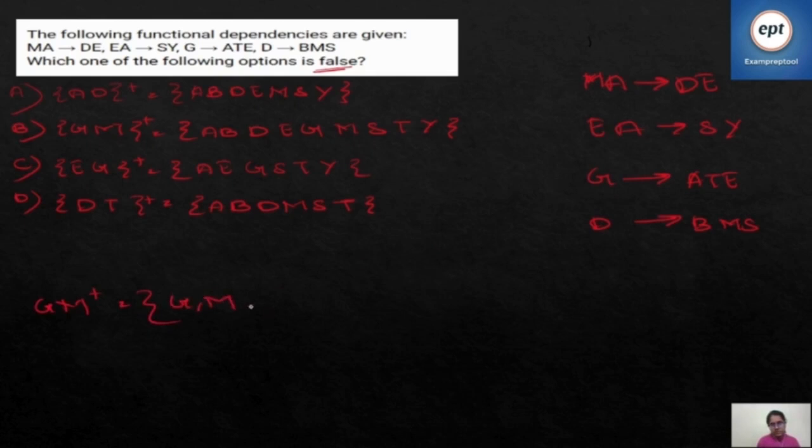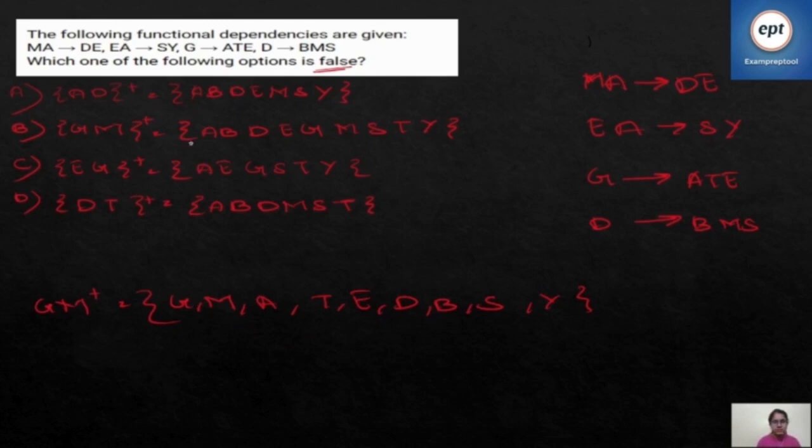From G we are able to derive A, T, E, ATE, and from M and A we are going to derive D and E. E is already present, so we will write D. From D we can derive all the other attributes as well, so B, and M is already present, S we will write. And from E and A we are able to derive SY. S is already present, so we will derive Y. You can see that all the attributes are covered.